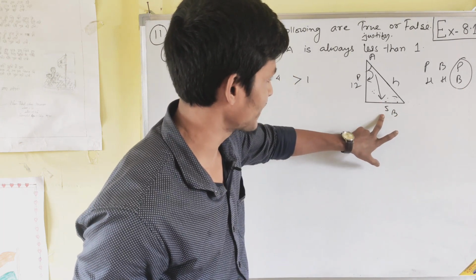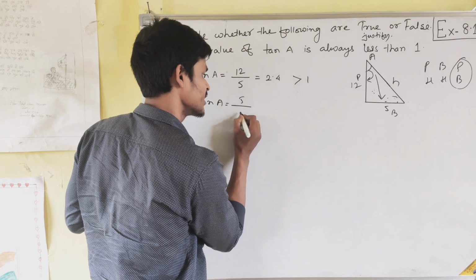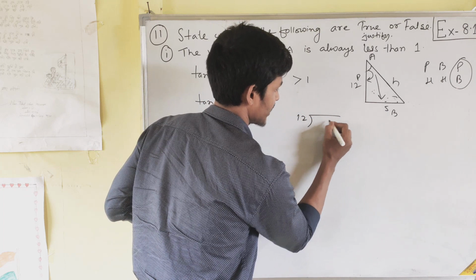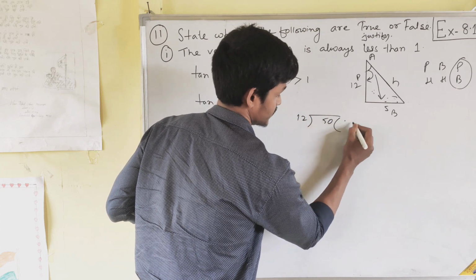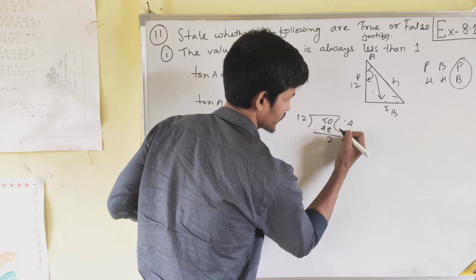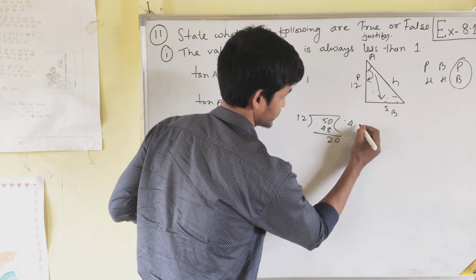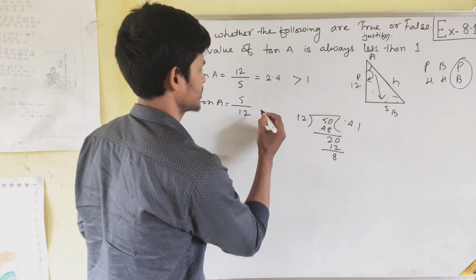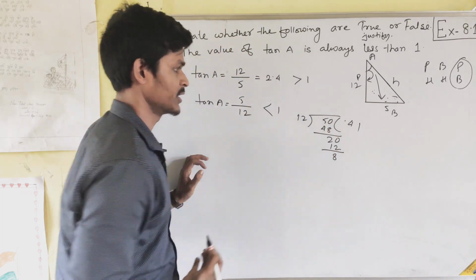So this is your perpendicular, that is 5 by 12, and what do you get here? 5 by 12 is less than 1.